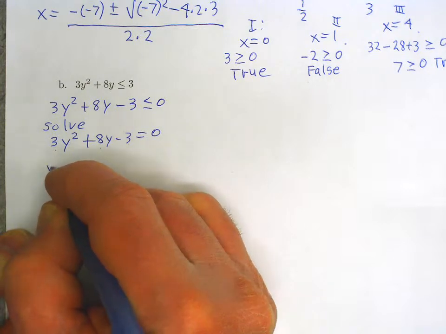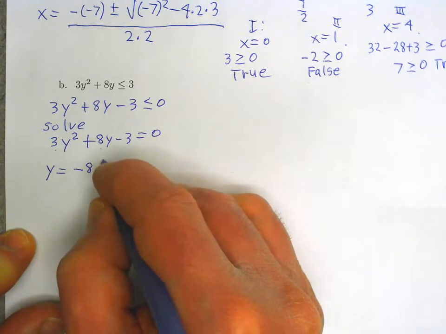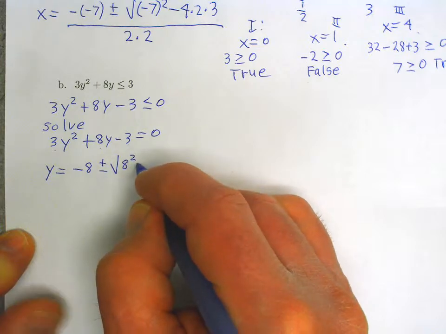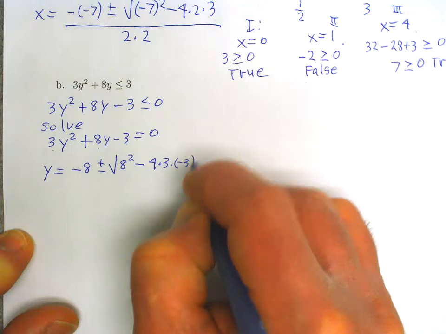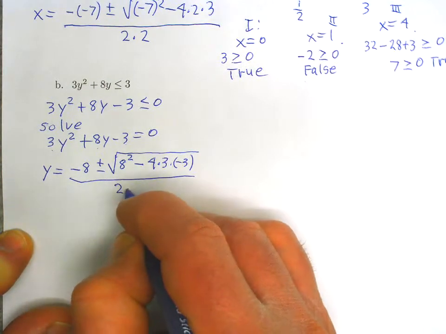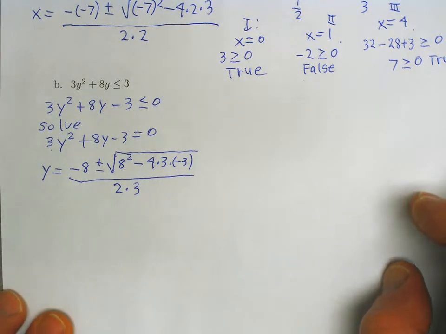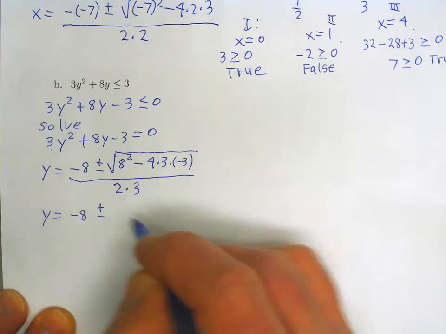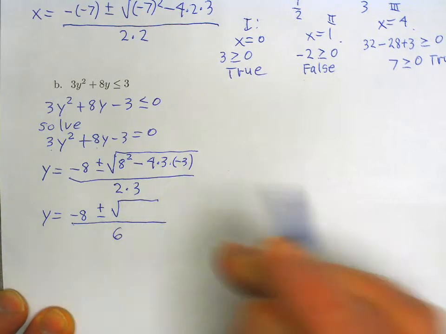So this time the variable is y, so y equals -b, which is -8 in this case, plus and minus the square root of 8 to the second minus 4 times 3 times -3, all divided by 2 times 3. Okay, so y equals -8 plus and minus the square root of a number divided by 2 times 3, or 6.